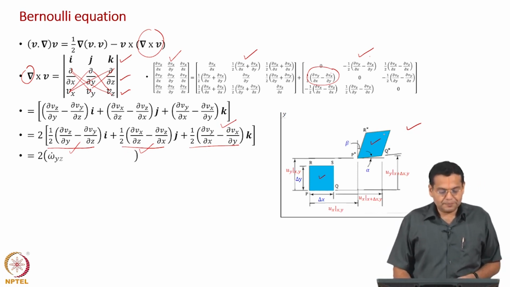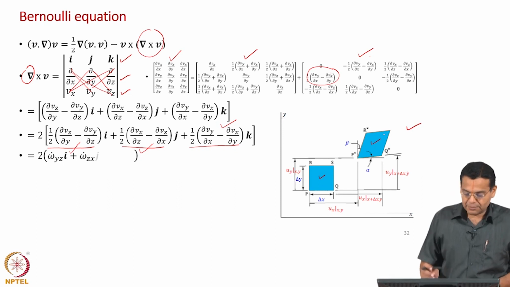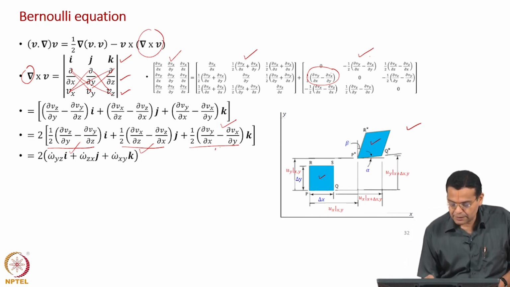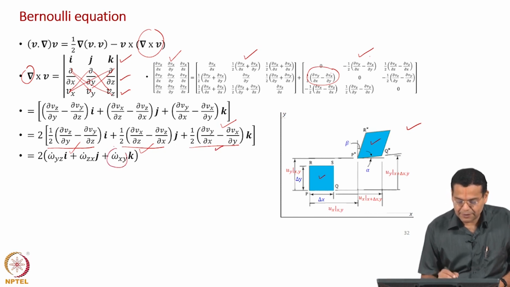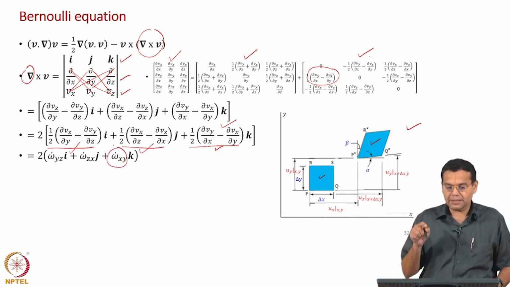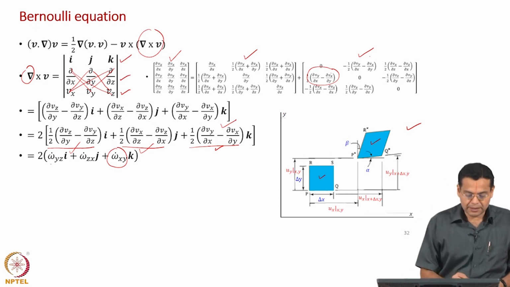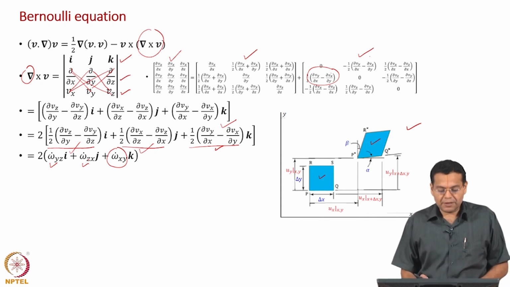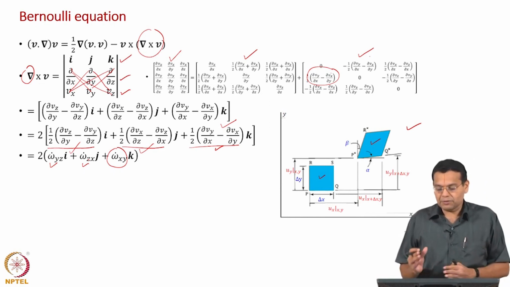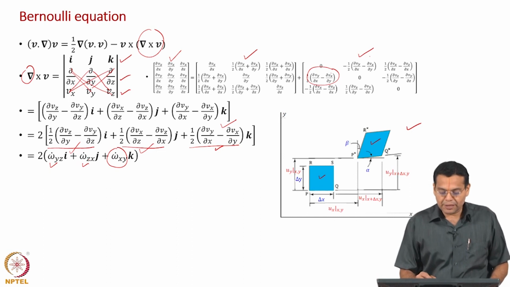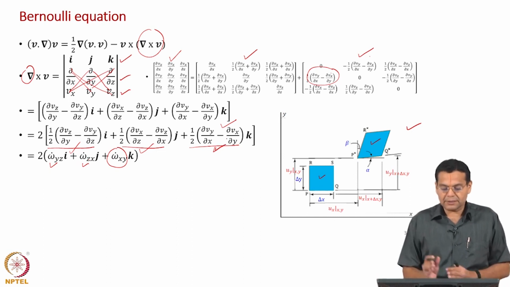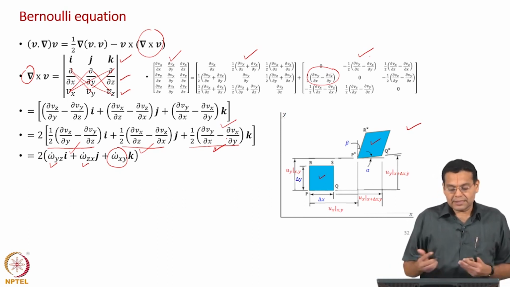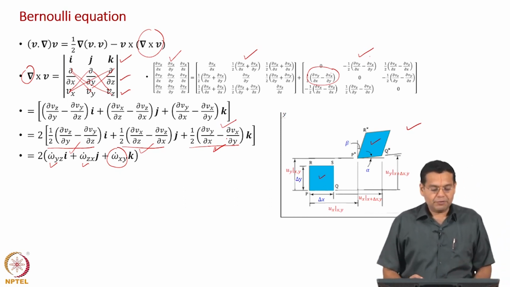Let me explain the last term first, then it will become clear to you. This term represents omega dot xy, the rate of rotation of the fluid element in the xy plane. Similarly, the yz plane and zx plane. The first two terms may not be very familiar, because usually we have been working in xy coordinates, but the moment you understand this term to represent the rate of rotation in the xy plane, you can easily extend and write the first two terms.